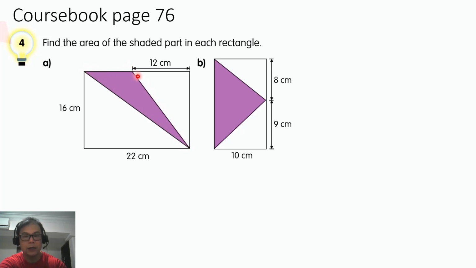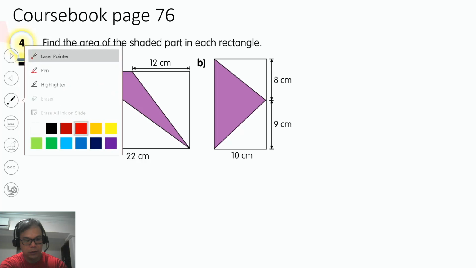So this shape has 3 sides. Inside a rectangle, 1, 2, 3, 4. So you want to find the area of the shaded part in each rectangle, and this shaded part happens to be a triangle. And to find the area of a triangle, you need to know its base and its height. Alright, so let's recall.